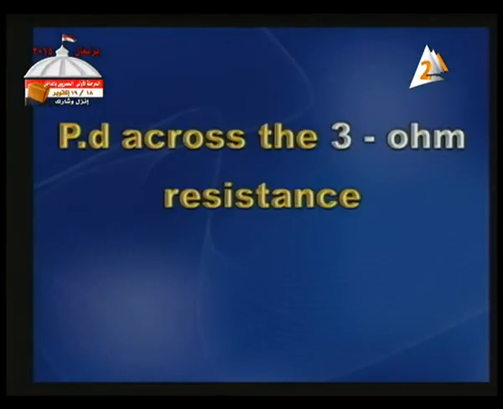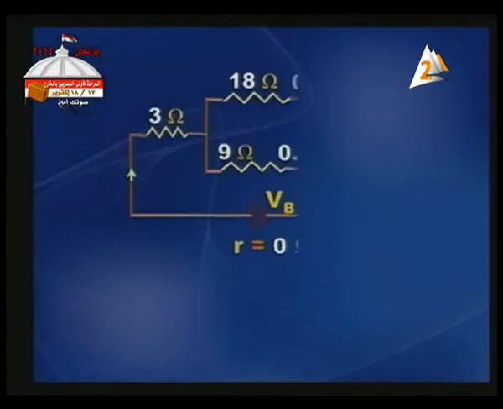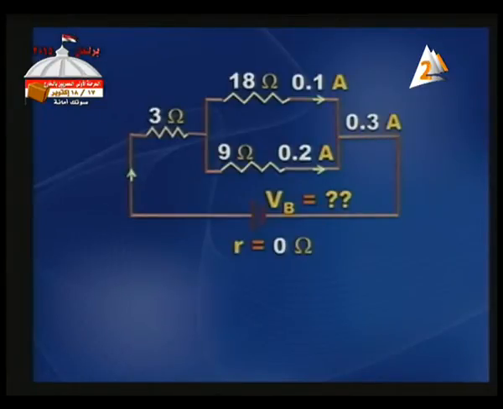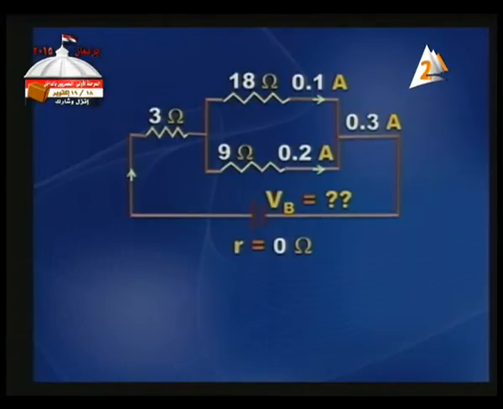And what about the potential difference across the 3? It is 3 times 0.3, it is 0.9. So it must be connected in series to the previous parallel group. So in front of you is the possible way of connecting the 3 resistors. 18 ohm and 9 are connected in parallel because they've got the same potential, and both of them are connected in series to 3.